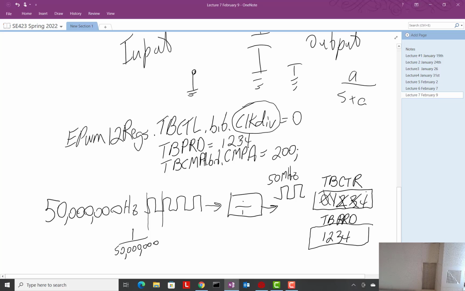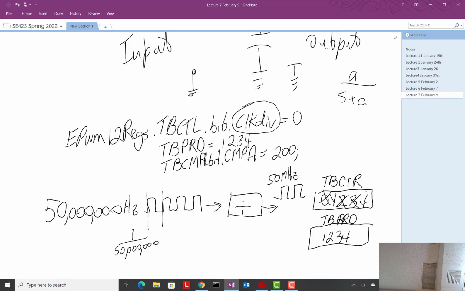See what it's doing? When it gets to 4, it goes to 0 and does it again. It never stops unless you halt it. There's a register that allows you to freeze the count if you want to. But we've told it to go, and it's just going to do that for life until you change something.